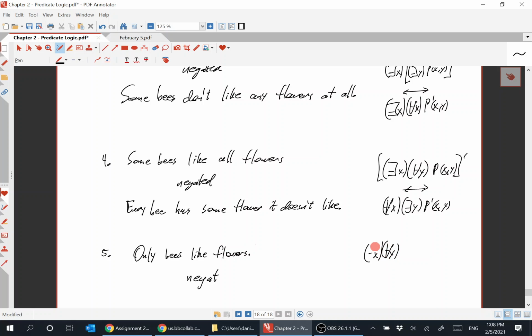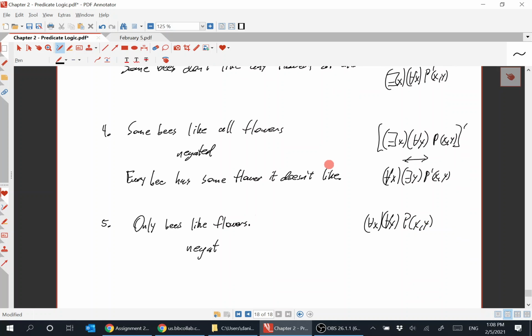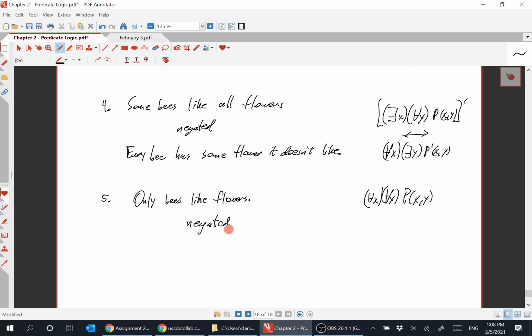It was universally quantified with both variables, P(x,y). Let's not worry too much about what P(x,y)'s logical structure was, but it was universally quantified for both x and y. Only bees like flowers.